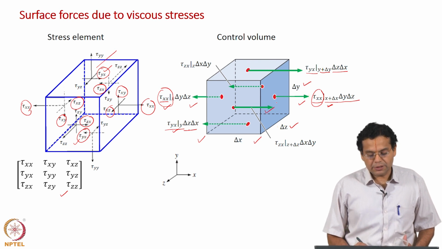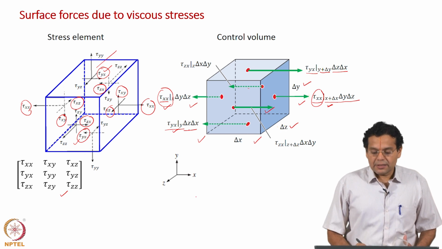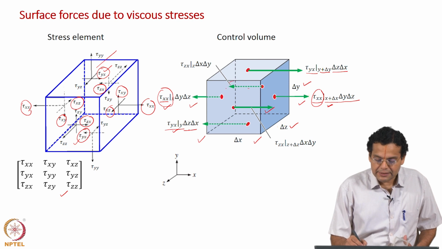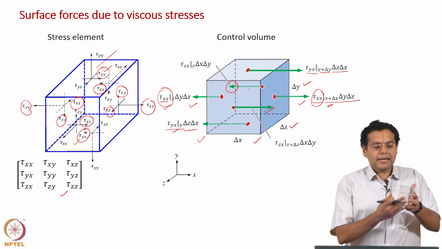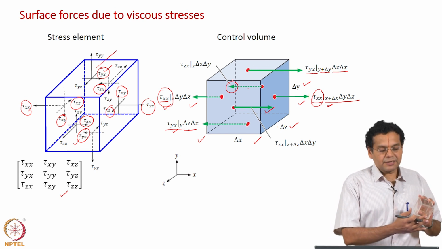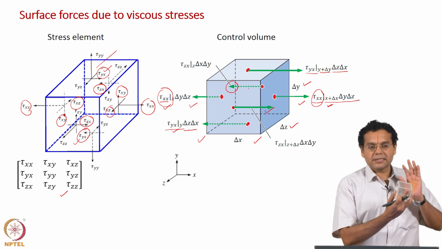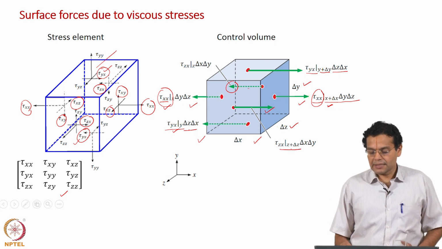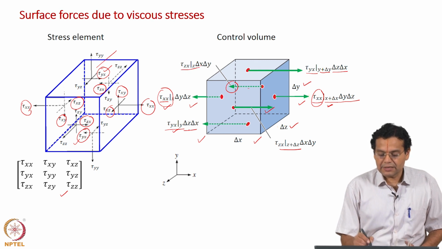On the rear face, it is a negative z face, so the force is along the negative x axis. And as we have discussed for the other directions, they are spatially separated. In the left hand side figure they are opposite sides of the same face, while in the right hand side figure we have z plus delta z for the front face and z for the rear face.